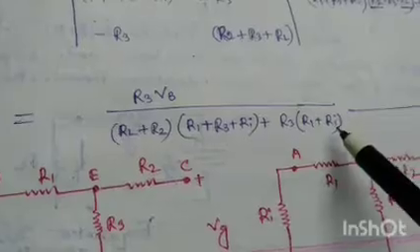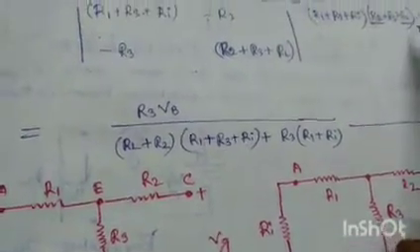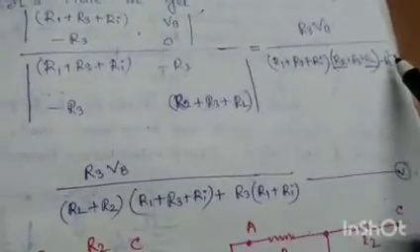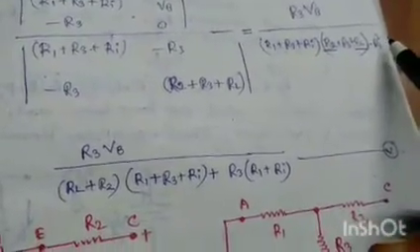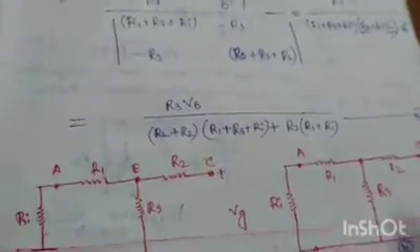So after this R3 will be eliminated, R3 square will be eliminated. So this is the I2 current.